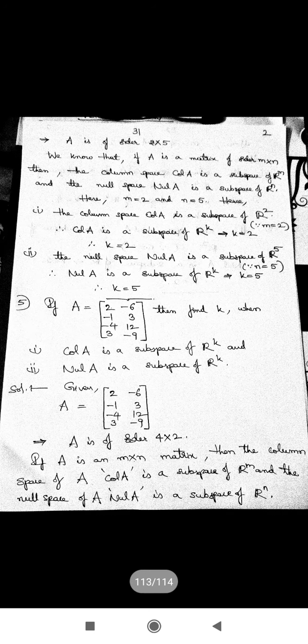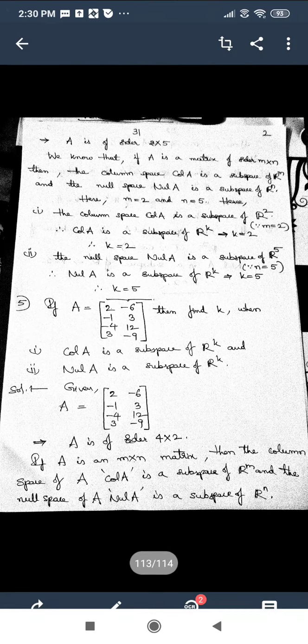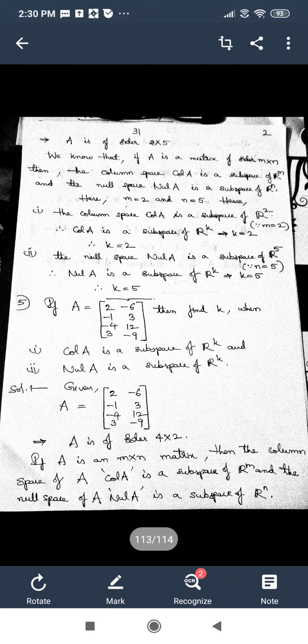So capital A is given like this. Here, whatever be the elements of the matrix A, we are concerned only about its order. The order of the matrix is the point of concern to get the solution of this problem. So here A is of order 2 by 5.